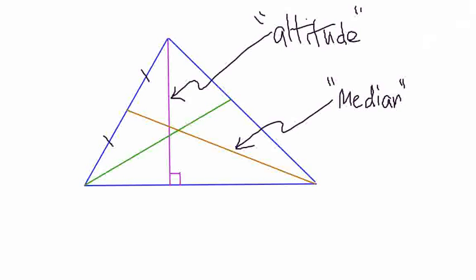So we're not guaranteeing it goes to the midpoint of the opposite side. We're not guaranteeing that it makes a right angle. All we're saying is that it's going to chop the starting angle into two congruent angles. In that case, that is called an angle bisector.